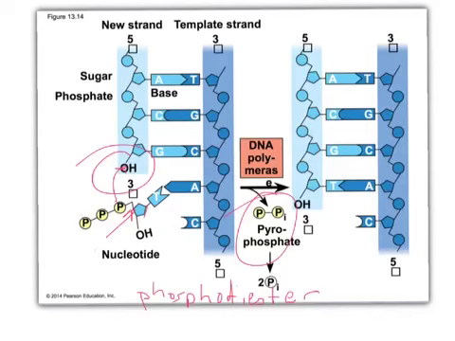Emily, what did you mean when you said you're adding from the 5' to the 3'? So the way we designate numbers on the nucleotides is like this. We're going to draw a nucleotide. Here's your 5 carbon sugar, and off of the first carbon is your base, whatever it might be, ATGC.